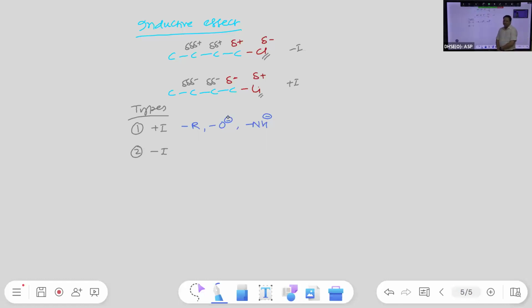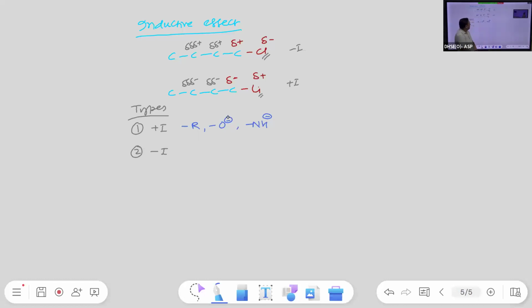Now it has the tendency to release electrons, and the electron releasing tendency is plus I effect. O minus is plus I and NH minus is also plus I. All of you got this?